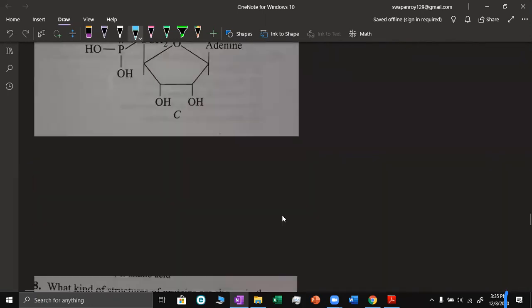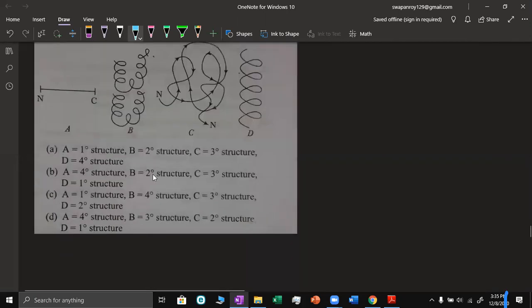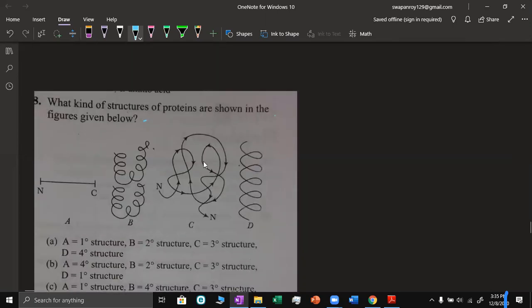Here you can see one question: what kind of structure of proteins is shown in the figure given? In this figure, several types of structure have been shown. One is A, that is a straight line.